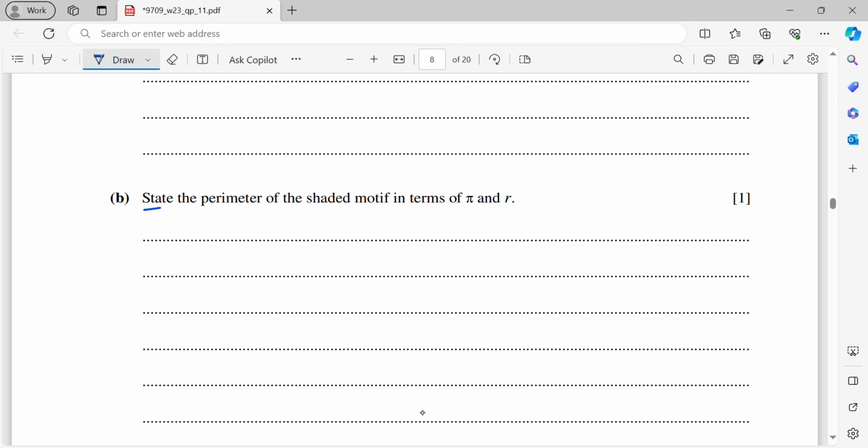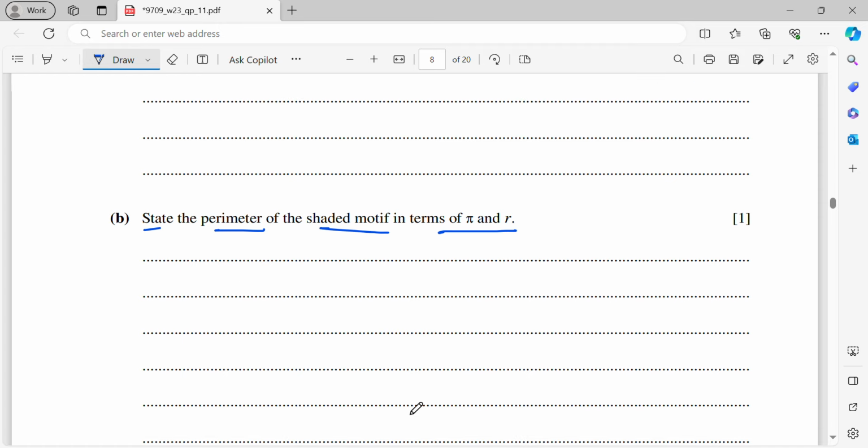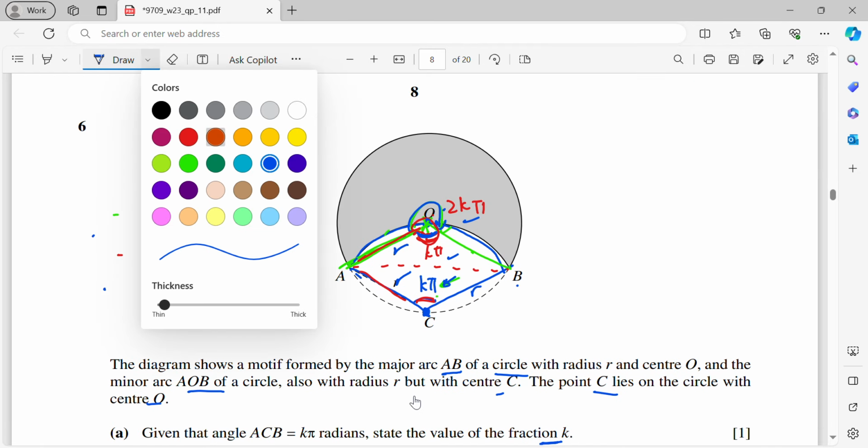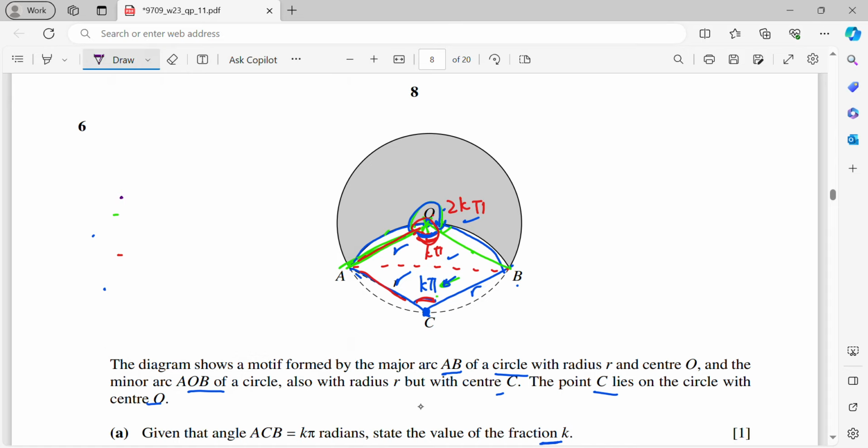Now B, state the perimeter of the shaded motif in terms of pi and R. From this diagram, we know that this part is the arc length of this sector. For the arc length formula, let's say you are given a sector.